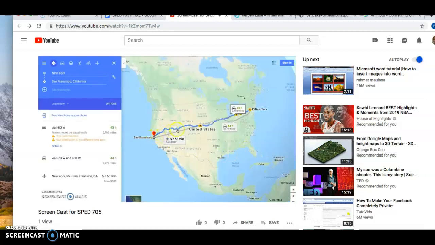Then you'll see it gives us the distance in two different routes and also to fly. So we are going to choose the shortest route, which looks like it would be this route here. The distance from New York to San Francisco is 2,902 miles.